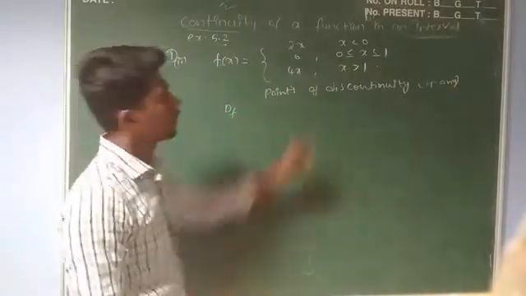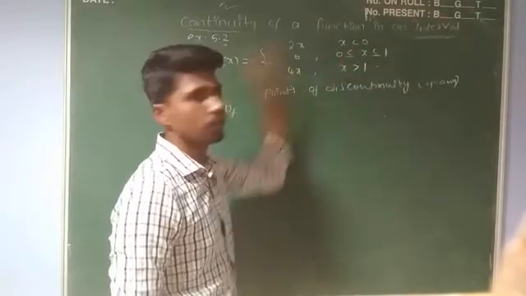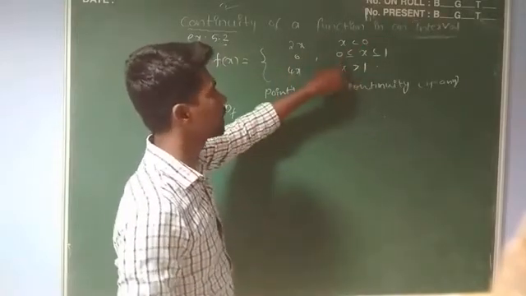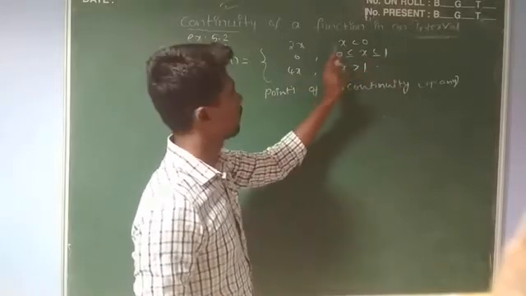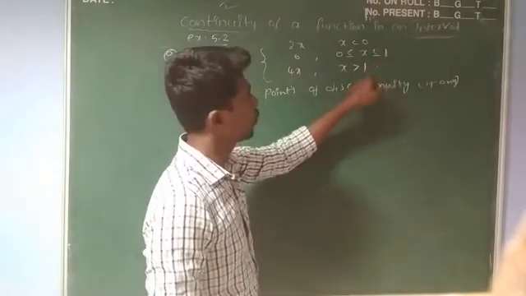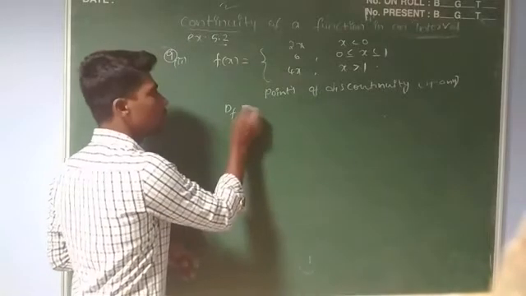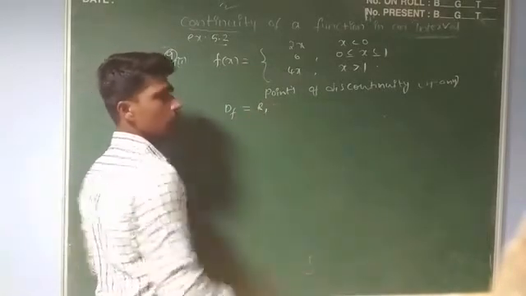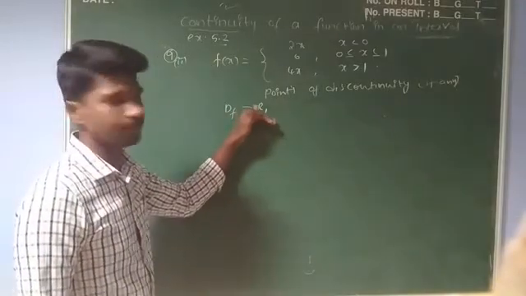Domain: x less than 0, all negative numbers, and x lying from 0 to 1, where we have included 0 as well as 1, and more than 1, so I have all real numbers. So the domain of the given function is all real numbers.